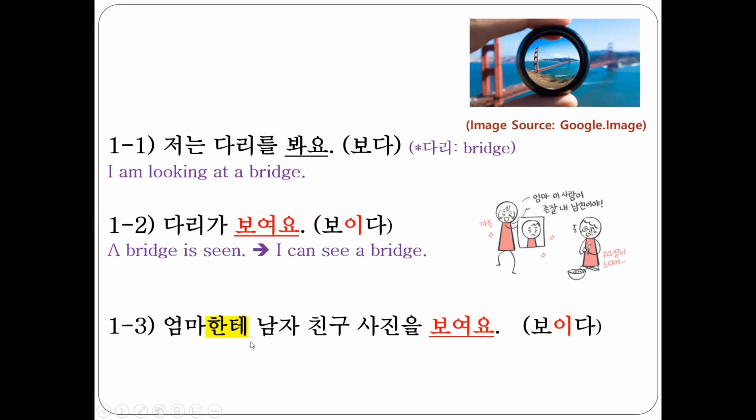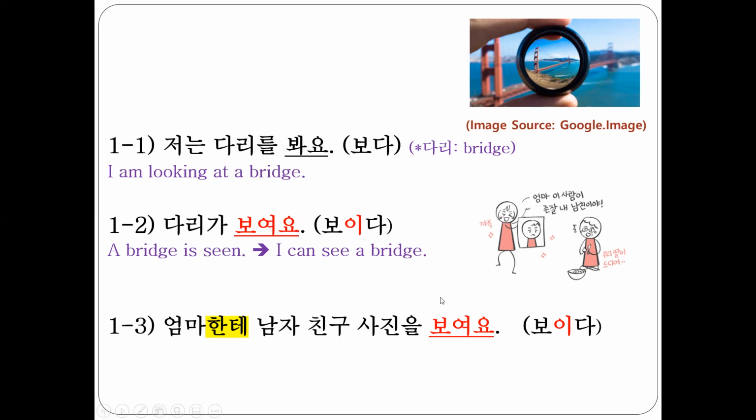I show my boyfriend's photo to my mom. 보이다, 이거는 what does it mean? I let my mom look at my boyfriend's photo가 되죠. 그래서 보이다, causative verb예요.